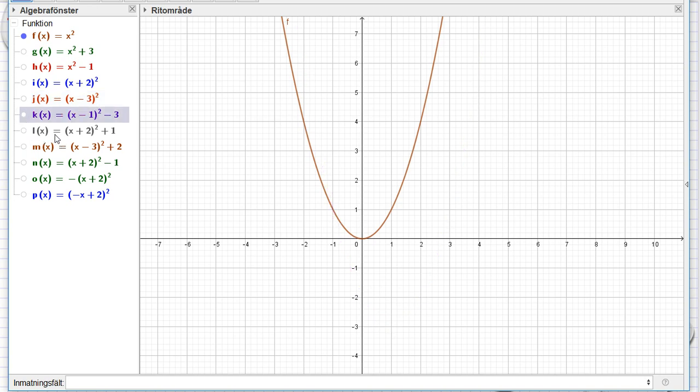For the next one, I'm supposed to have 2 to the left for the x-axis, and then 1 upward. Let's see if that's right.